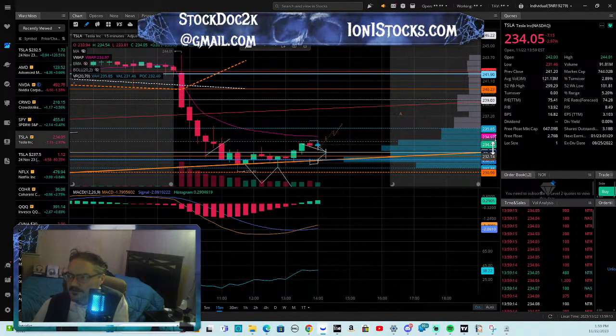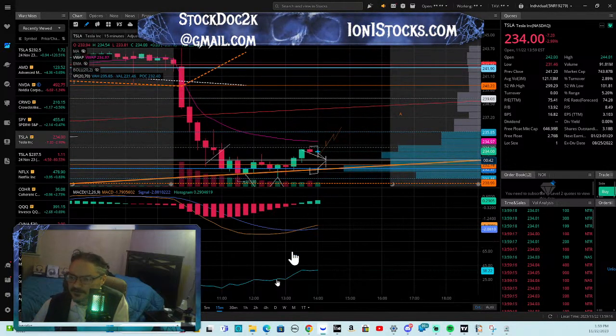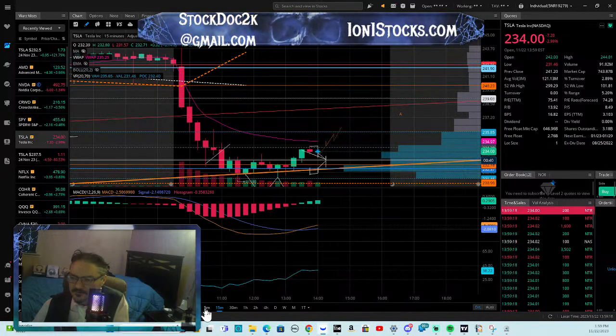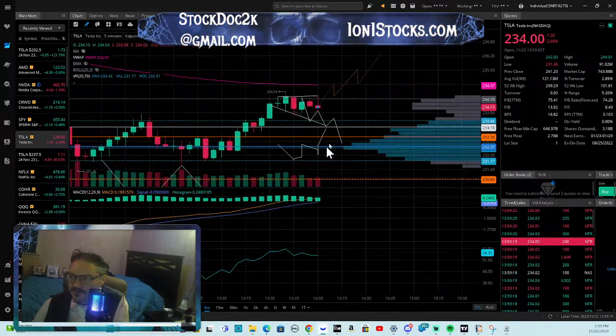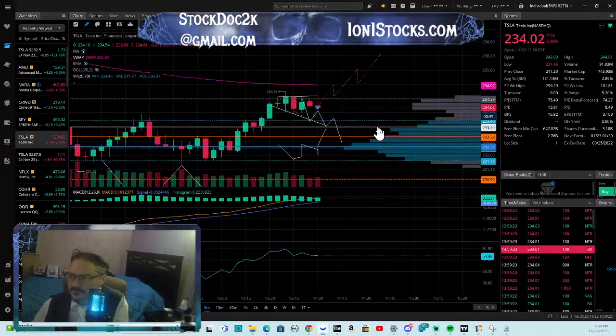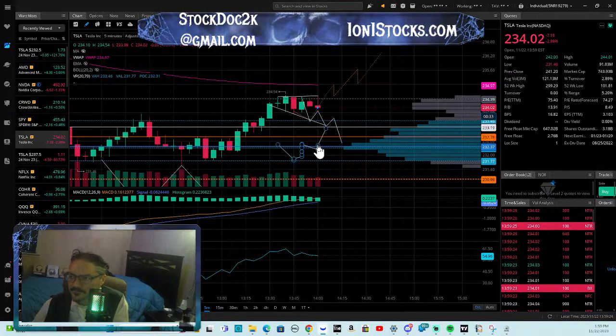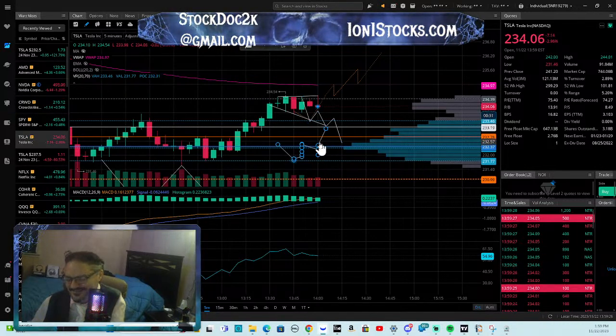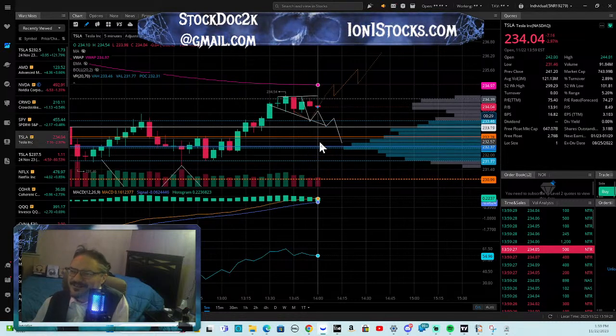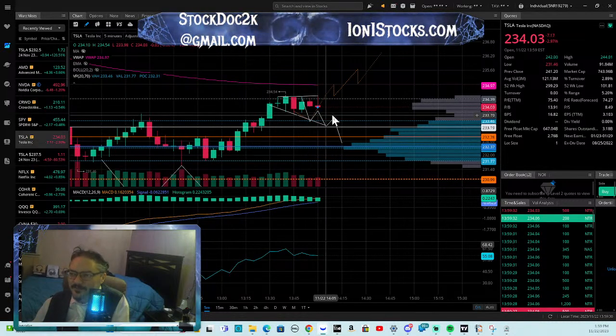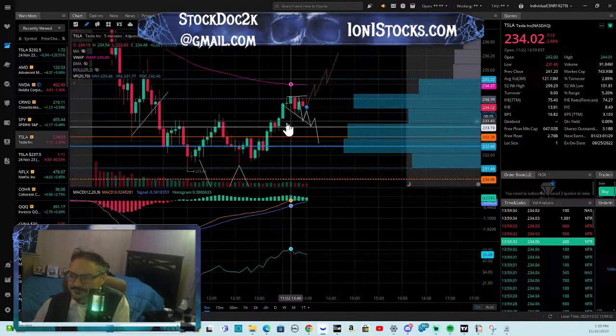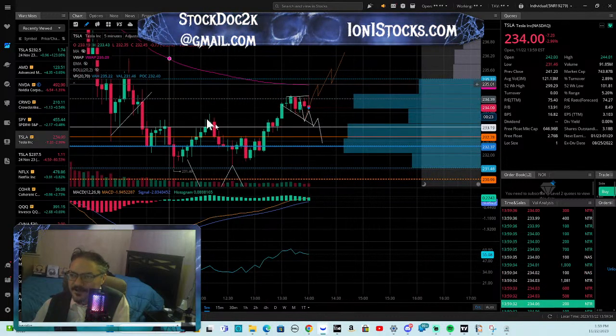Yeah, I guess we'd use that handle. We use the handle going down to this support right here. That plays out perfectly. Yeah, beautiful. Good catch.